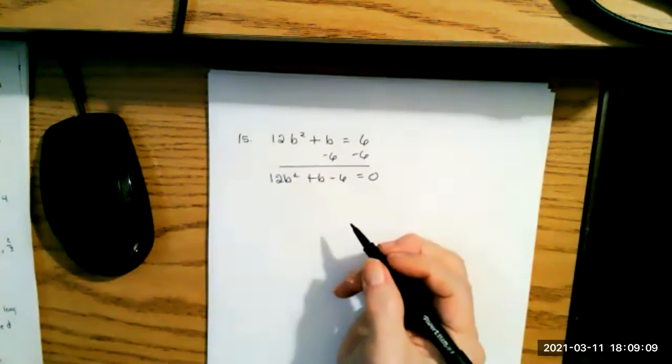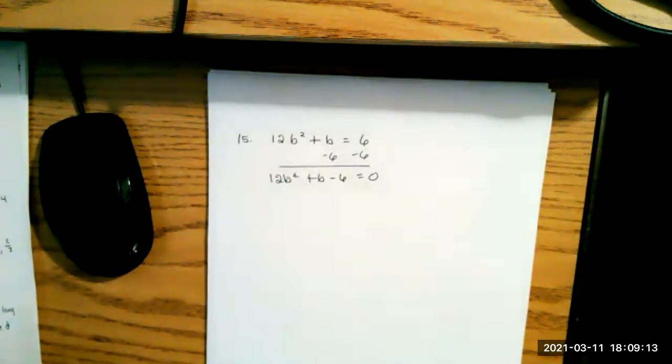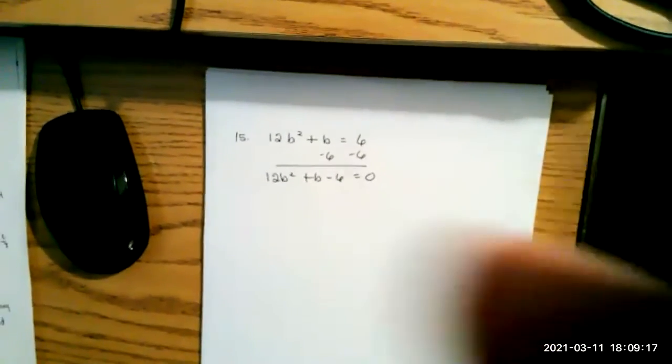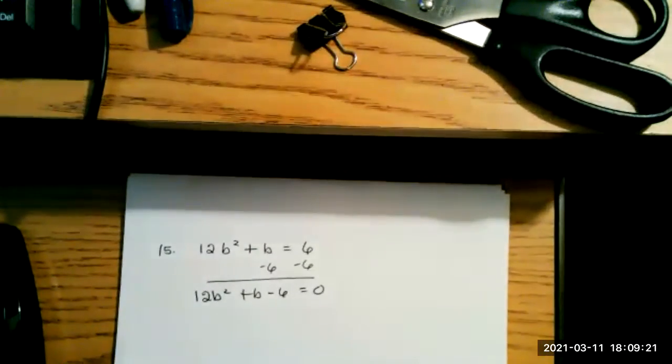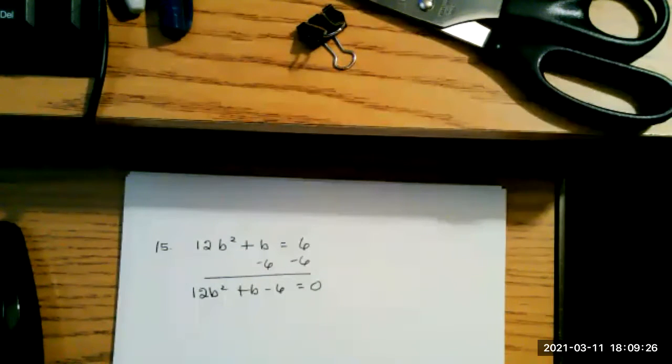Miss Sullivan, it's also just a little bit blurry. I can't tell the 2 from the b. I can see the 12b, but it's like b. There we go, I can see it right then. Is that better? Yes.